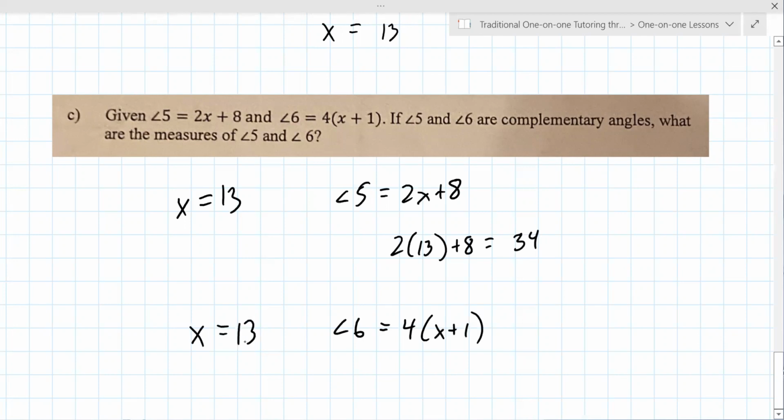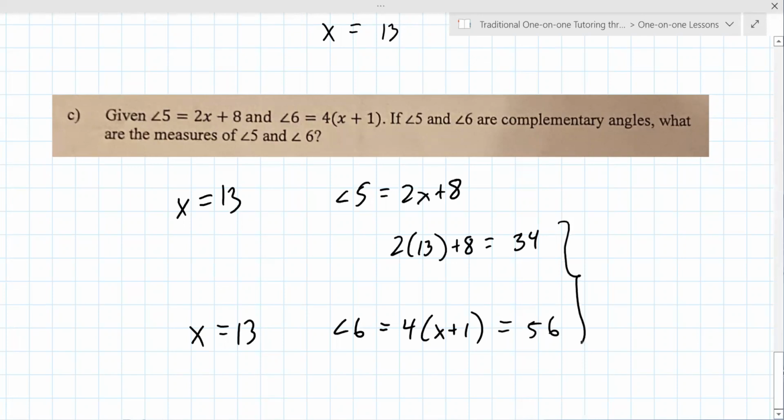And x is 13. 13 plus 1 is 14. 14 times 4 is 56. And then angle 6 equals 56.